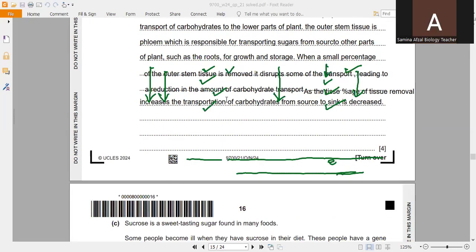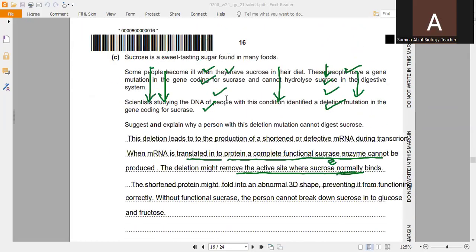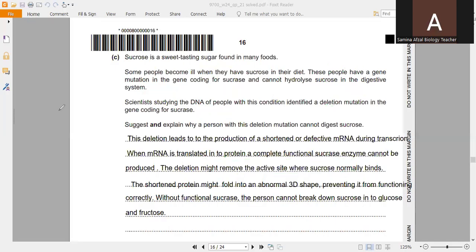Well, we are moving towards the next question. In this question, sucrose is a sweet tasting sugar found in many foods. Some people become ill when they have sucrose in their diet. These people have a gene mutation in the gene coding for sucrase and cannot hydrolyze sucrose in the digestive system.